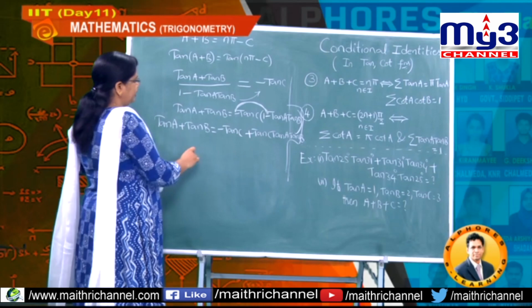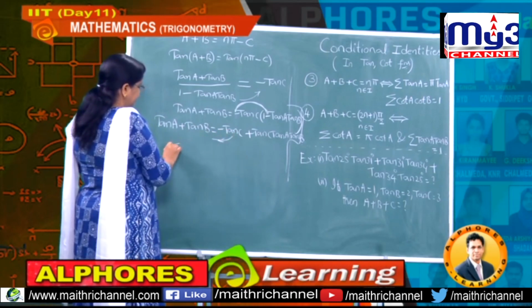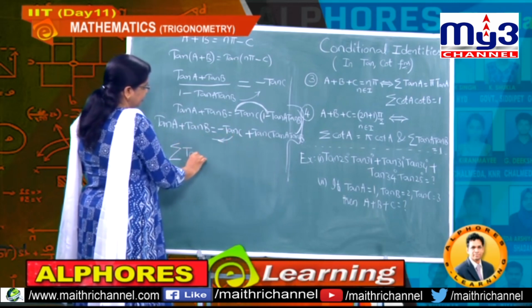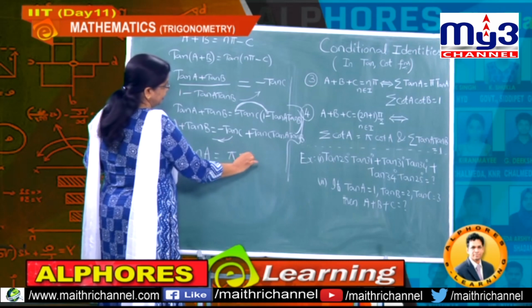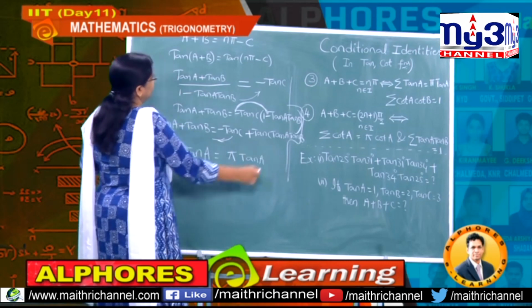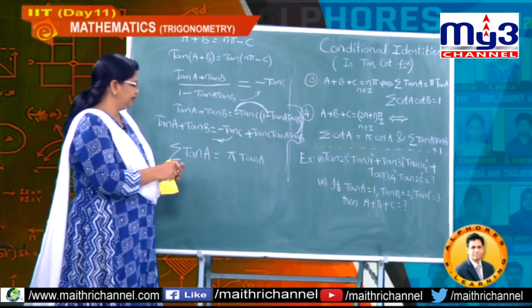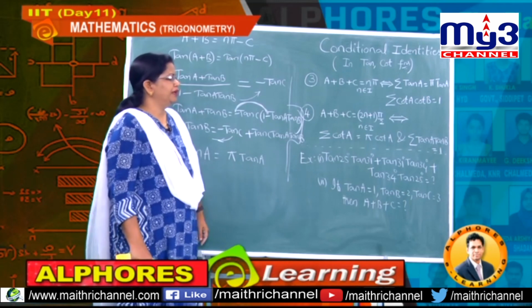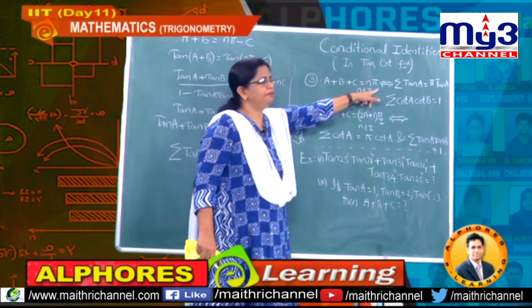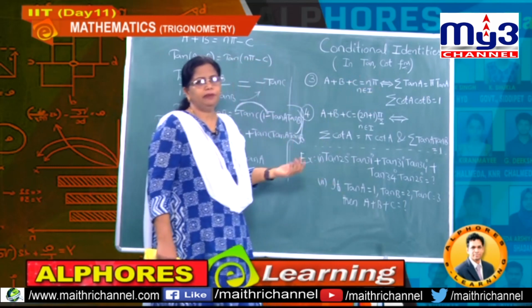Now finally take minus tan c to this side, so that you get sigma tan a, and on the RHS you get pi tan a. So students, whenever you observe a plus b plus c equal to n pi, then what is our answer? Sigma tan a is pi tan a. Observe here, we use this symbol. It indicates implies as well as implied by.